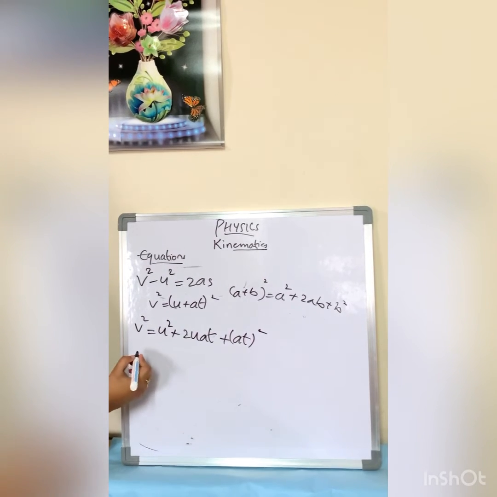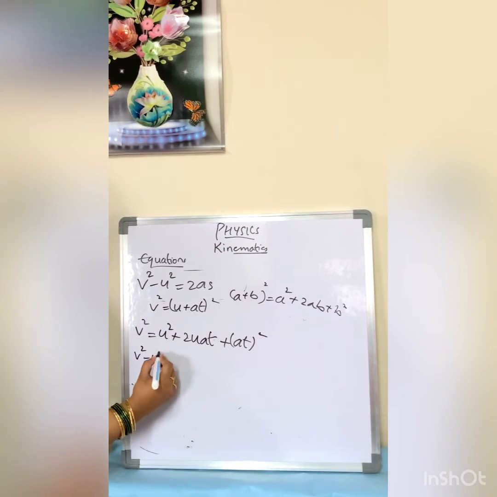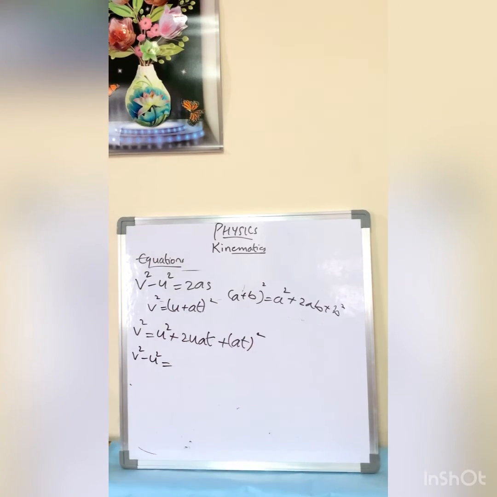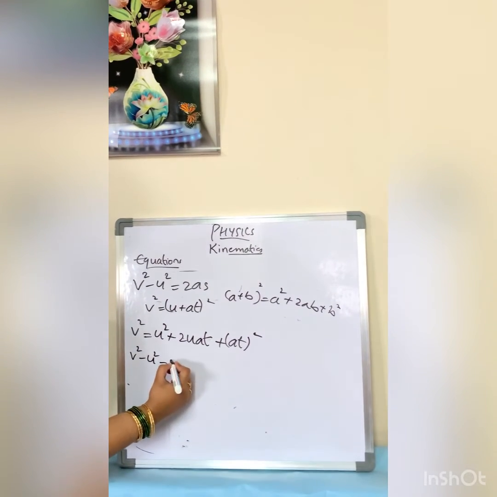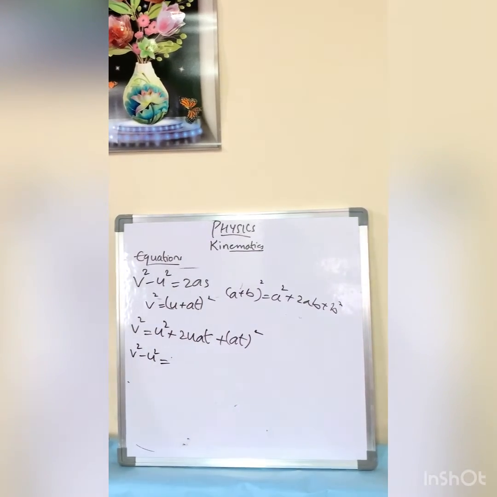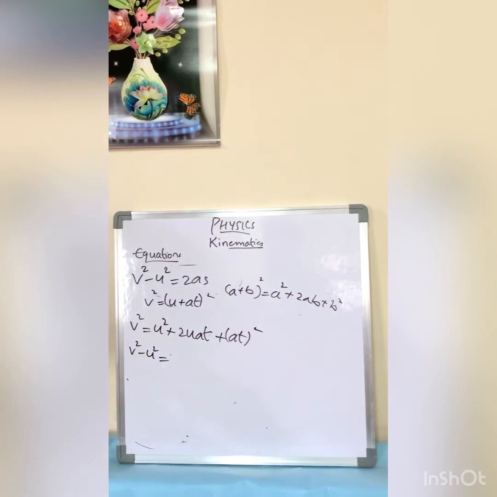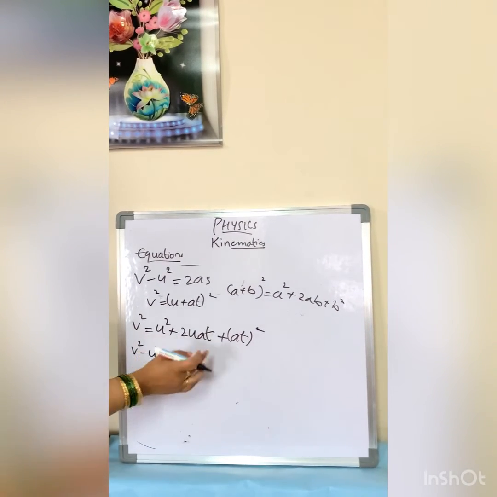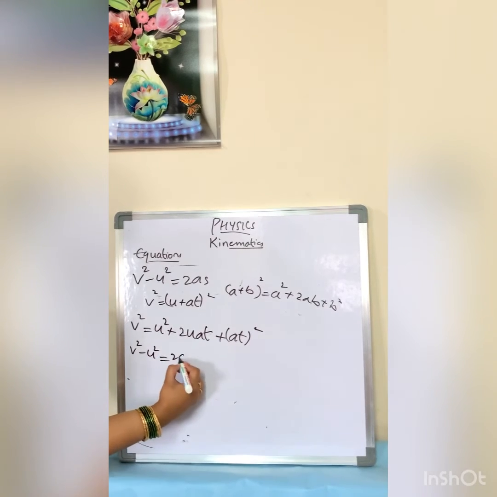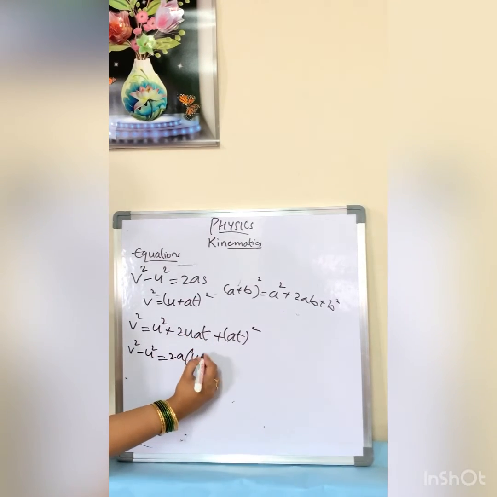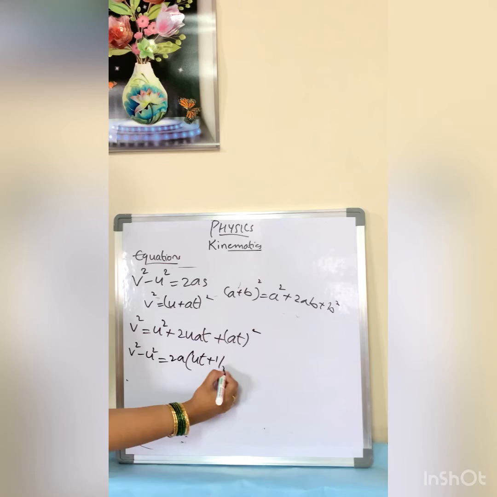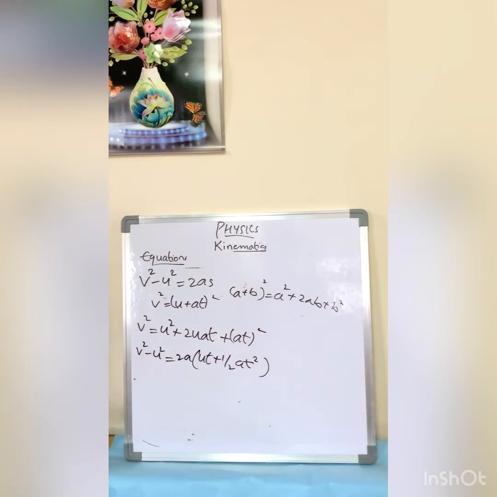Next, V square minus U square is equal to, so what is the formula for S? For S it is UT plus half AT square. So taking this here like 2A, you will get UT here, half AT square.